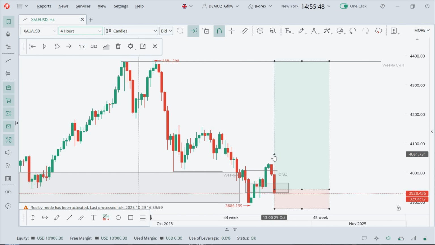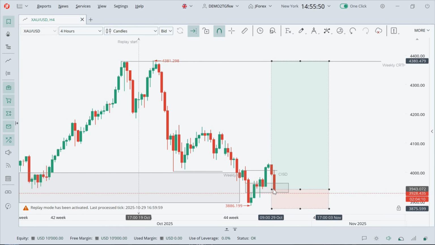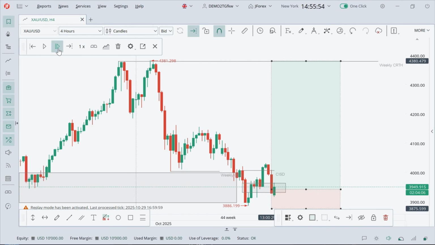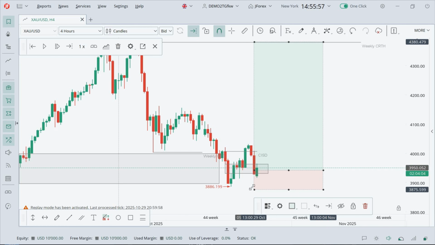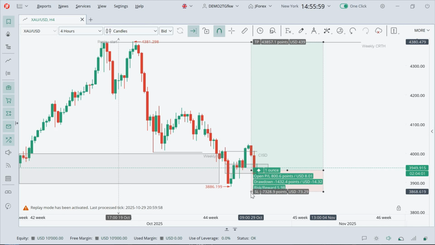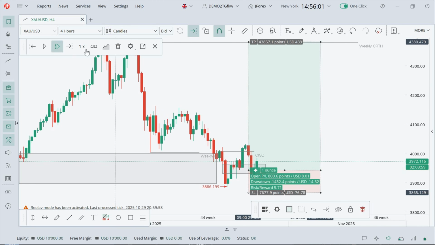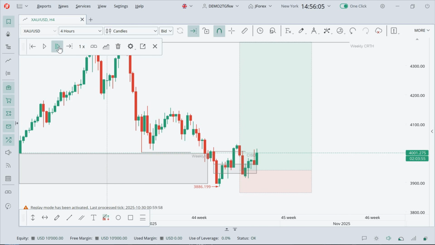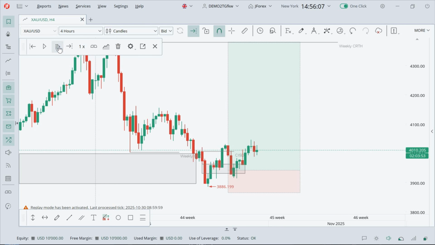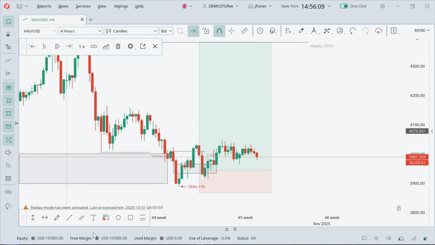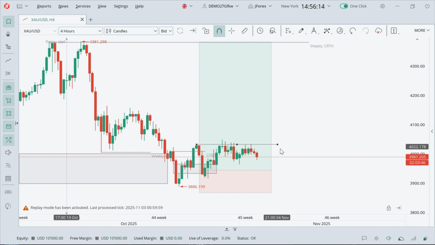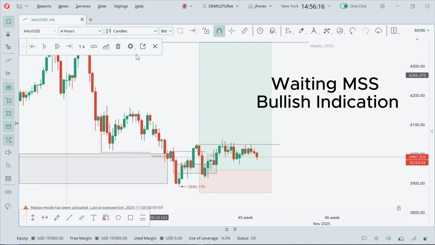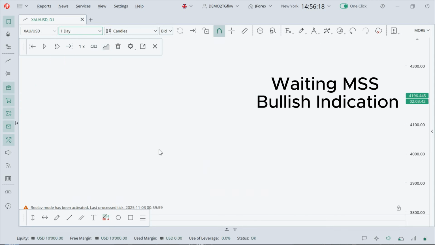Now our entry has been triggered. Now we wait for bullish price action. We are anticipating a market structure shift from there to indicate bullish price action.